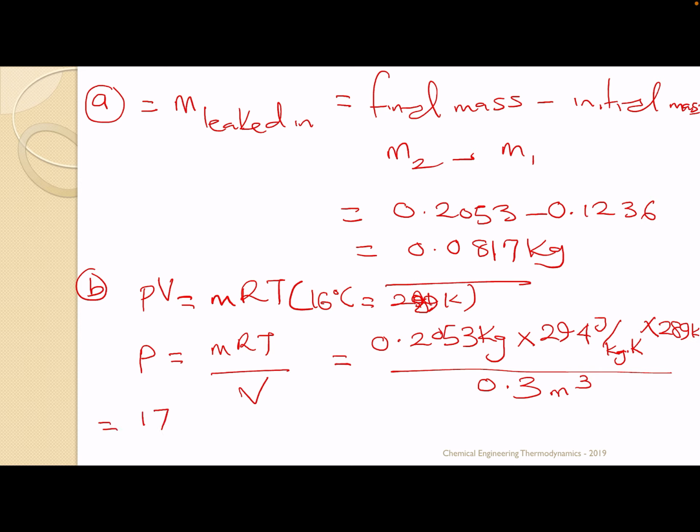So remember, let's cancel out, so kg cancels out there, Kelvin cancels out there. So we should be left with our Newton meter and then our meter cube. So remember, joule is same thing as Newton meter.